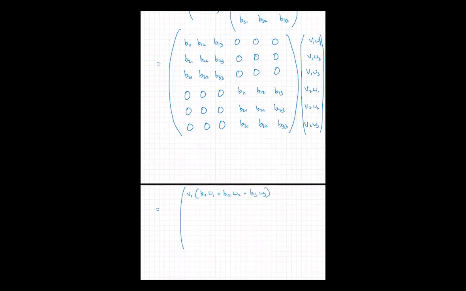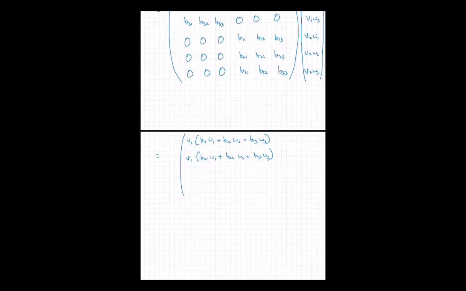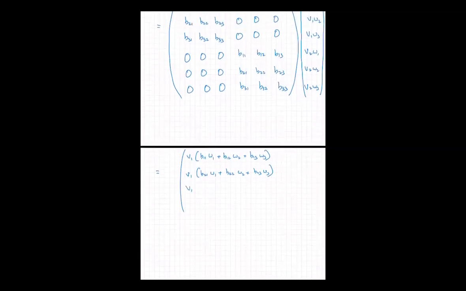The second element would be V1 times B21W1 plus B22W2 plus B23W3. Remember that since the other blocks are 0, there is no term proportional to V2. That is important because the B matrix is not mixing W's and V's non-trivially. The third one would be V1 times B31W1 plus B32W2 plus B33W3.